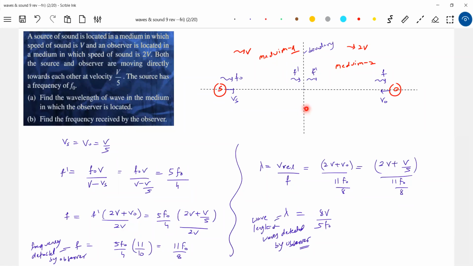I think we have discussed this case also in the class. If the boundary is also moving, then in calculation of F dash you do adjustment, you put the velocity of the boundary. For F, the boundary will behave like a source, no? So here you have to do adjustment for the velocity of the boundary. Getting the idea? Such things can be asked in the exam.